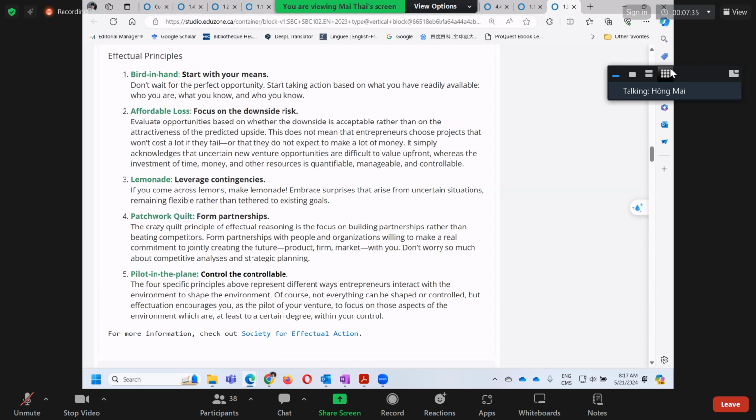And they will try to understand more about the challenges they will gain in the startup journey. So they have some lessons to try to overcome that.